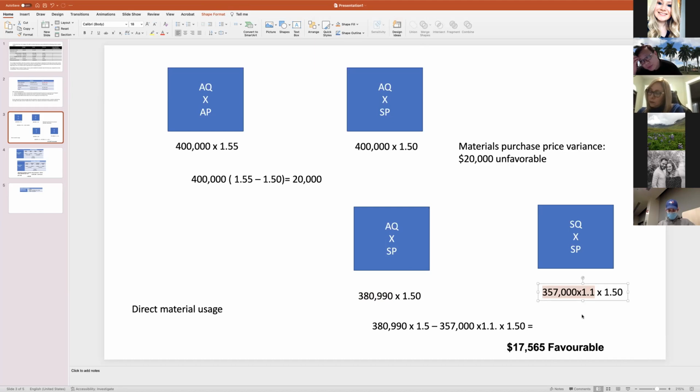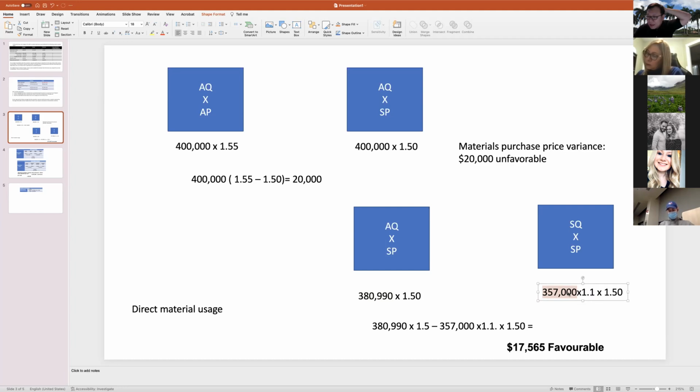I think when you do the fixed cost, that's where you use it. Because the fixed cost is a static budget. Do you remember the difference between a static budget versus a flexible budget? For direct materials, you have to use the flexible budget, which means you use the actual level of activity, so that's the 357,000.